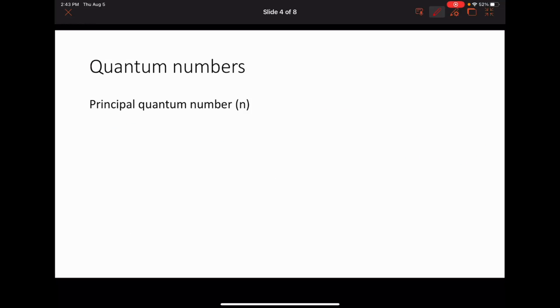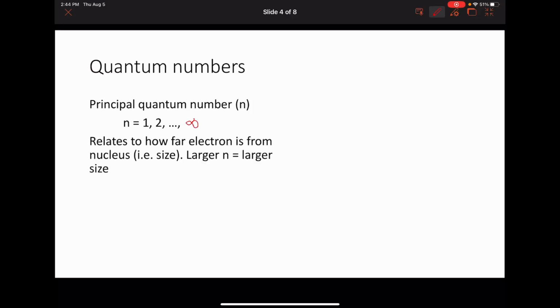So the first one is the principal quantum number n, and it can have any integral value. So this is all the way up to infinity, although we almost never occupy an infinite quantum number state. And it relates to how far the electron is from the nucleus. So if we use the old Bohr model, remember we had n equals 1, and then you go out, n equals 2.